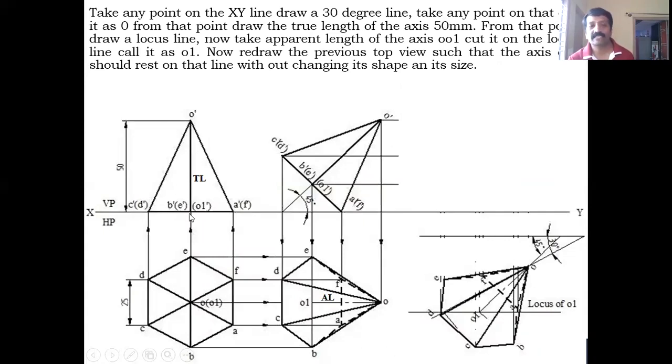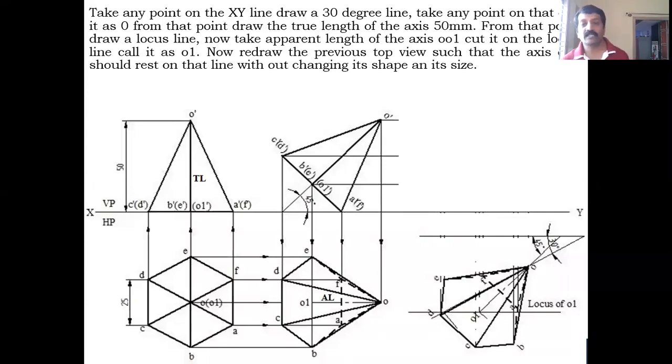The true length of the axis is 50 millimeter. You take 50 millimeter, the true length of the axis, from O as the center, you cut the 30 degree line. So you are going to get a point somewhere here. Now you draw a horizontal line wherever it cuts. So this is the locus line. This is the locus of the length.